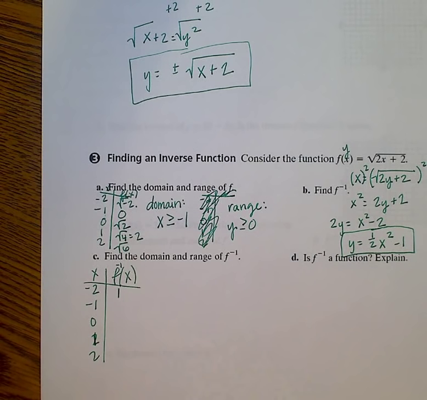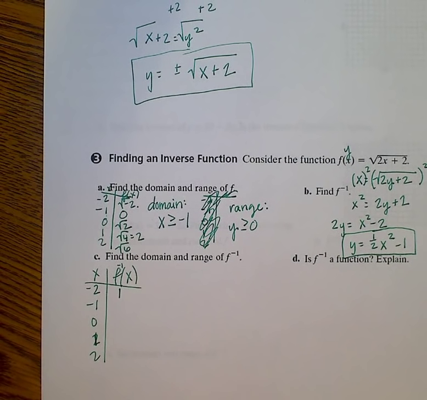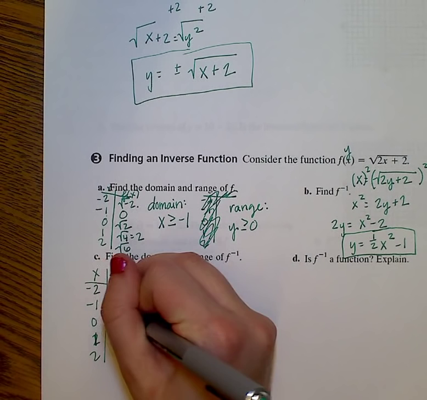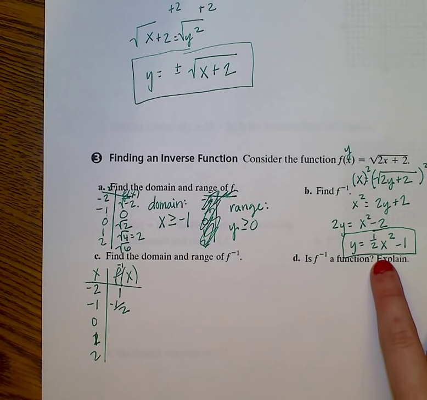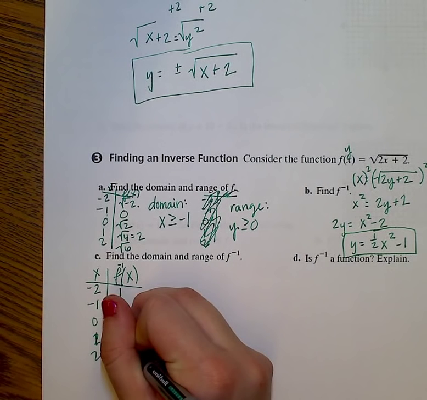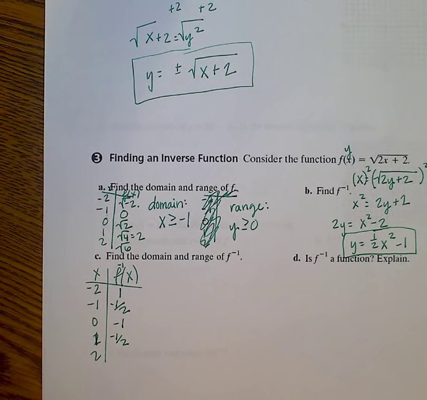If I plug in -1, I get y equals 1/2 minus 1, or -1/2. If I plug in 0, I get y equals 0 minus 1, or -1. If I plug in 1, I get 1/2 minus 1 is -1/2. And if I plug in 2, I get 4 times a half is 2, minus 1 is 1.